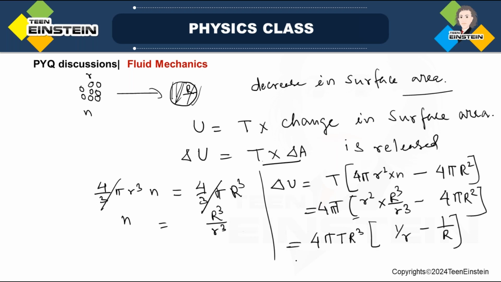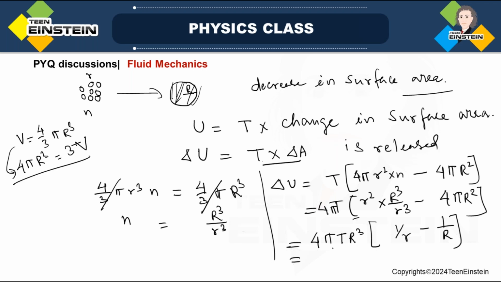Now here we know V is equal to 4 by 3 pi r cube. Then what will be 4 pi r cube? So 4 pi r cube will be equal to 3V, from here.